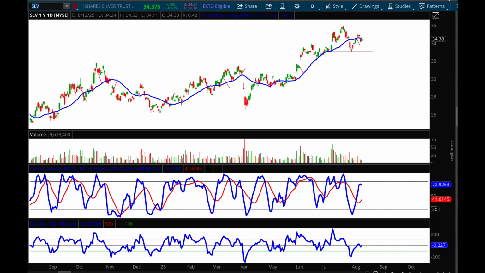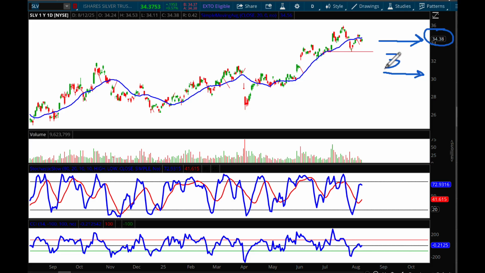So let's use a couple of examples here. I'm going to use two examples, the first of which is one of my favorites to trade, and that's SLV. Let's say you buy that at $34.37, and you decide you want to put a $3 stop below the market. That means your stop or your price alert is going to be placed at 31.42 or 31.38, depending on where you're buying that. It doesn't matter.